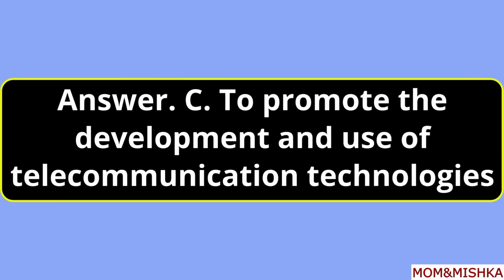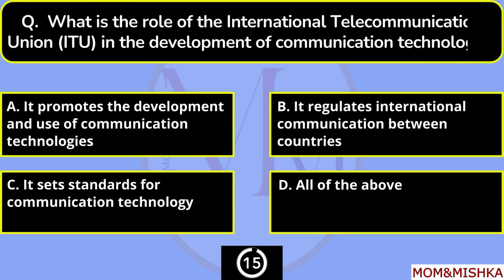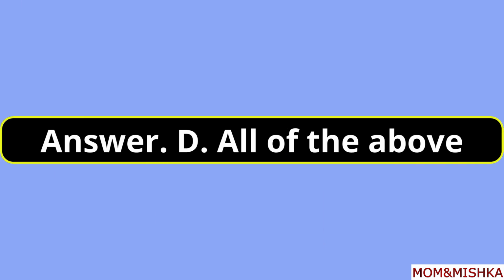Option C, to promote the development and use of telecommunication technologies. What is the role of the International Telecommunication Union in the development of communication technology? All of the above. Option D.